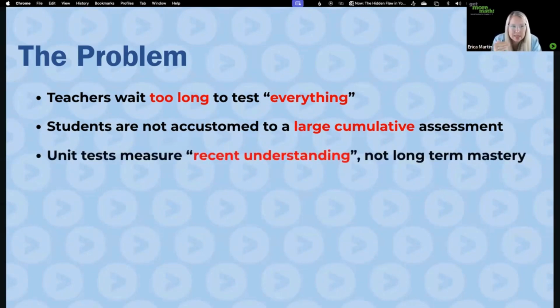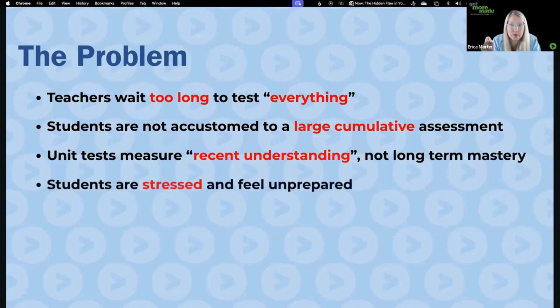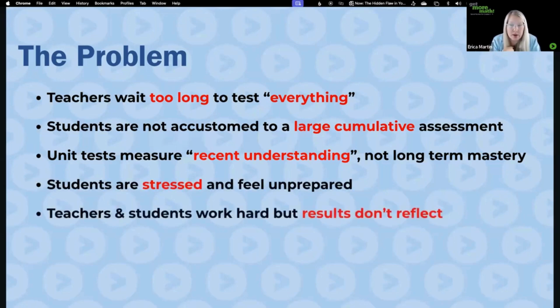Our unit tests, everybody that's giving a unit test or a chapter test, all that's really measuring is their recent understanding. If we're going to be honest, is it really measuring what they have mastered over the course of the year? Our students are stressed because of it. They feel unprepared. We feel unprepared.